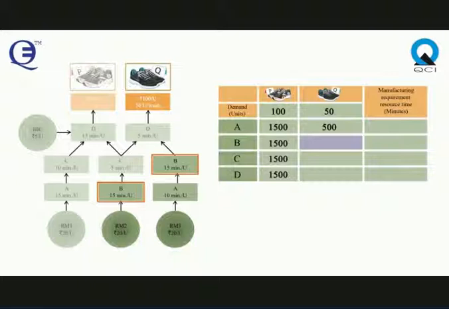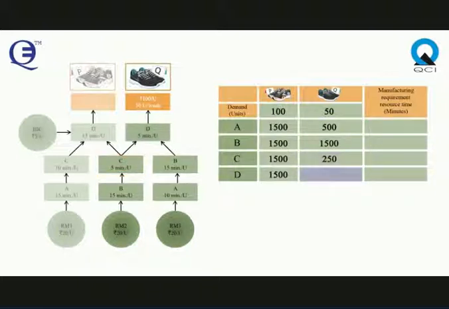So the total load placed on resource B to manufacture 50 units of Q is 1500 minutes. Machine C spends 5 minutes on raw material 2, which is a common raw material, and since we are making 50 units of Q, which requires 1 of raw material 2 each, 50 into 5, that means 250 minutes of load comes on machine C because of making 50 units of Q.